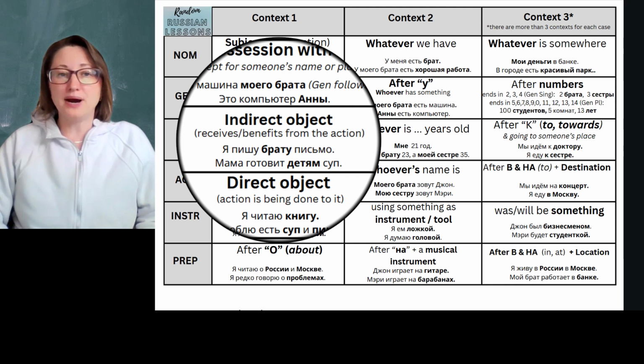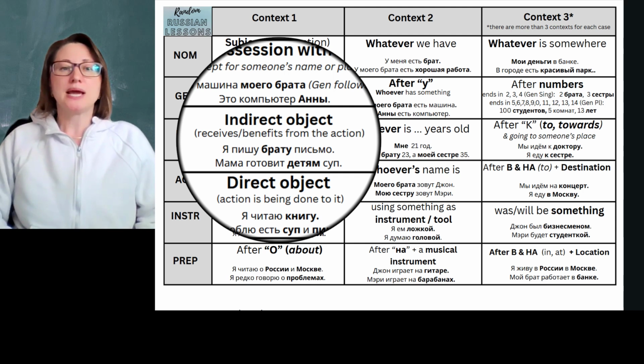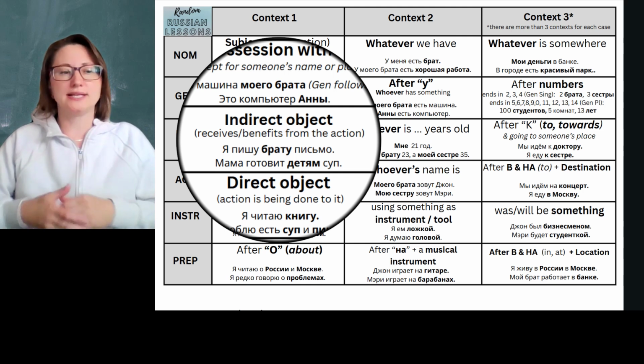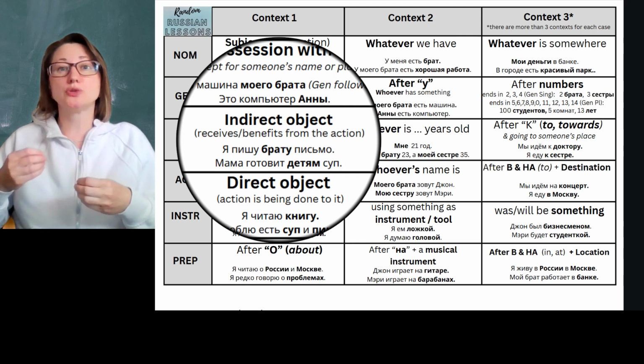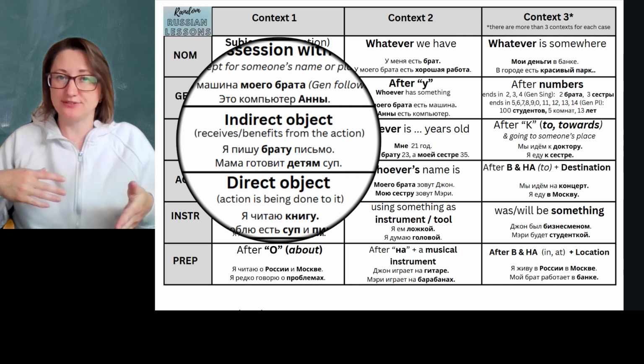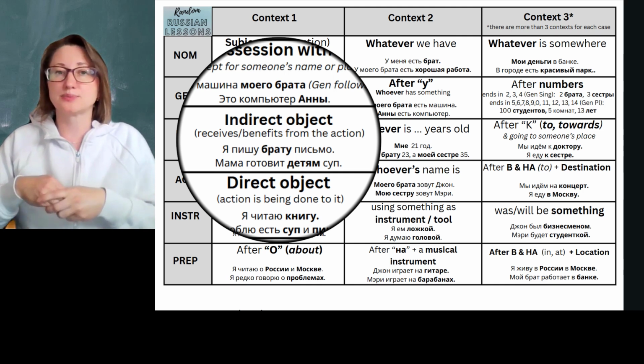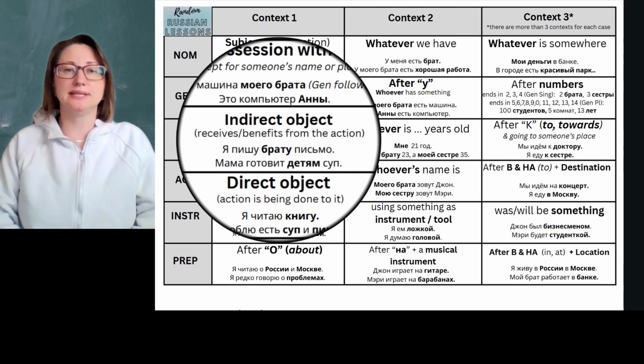Or here I have «Мама готовит детям суп». Mom makes kids soup, or mom is making soup for her kids. And I said for, and those of you who know a little bit more Russian also know that in Russian we have a preposition для, which means for the benefit of someone. That actually goes with the genitive case. And that's another way to express the same idea that we can express with the indirect object in dative.